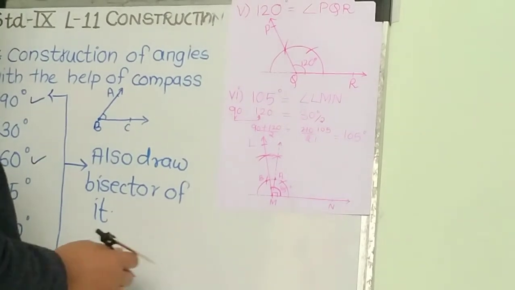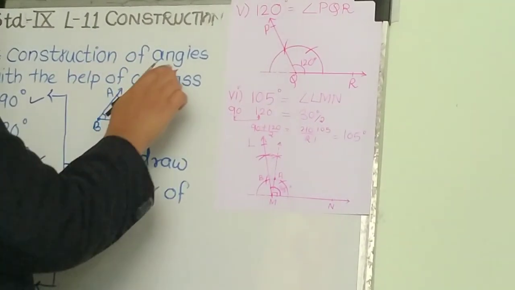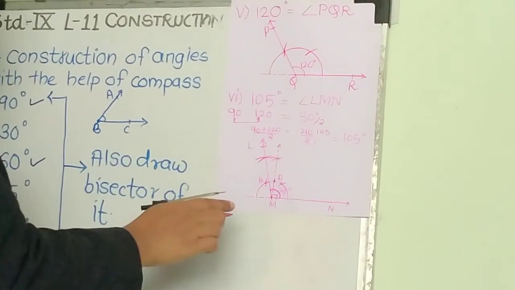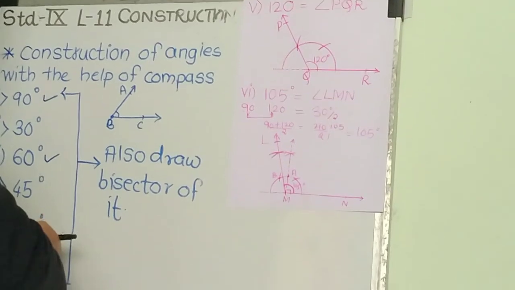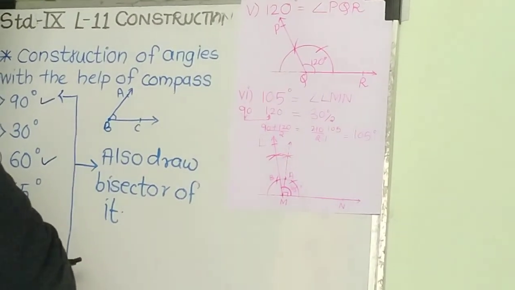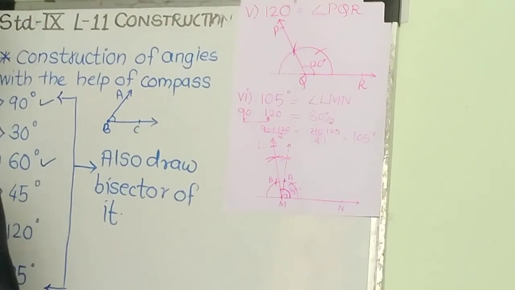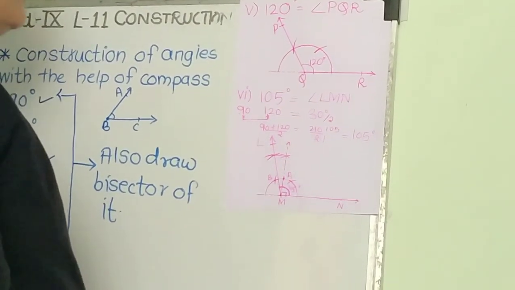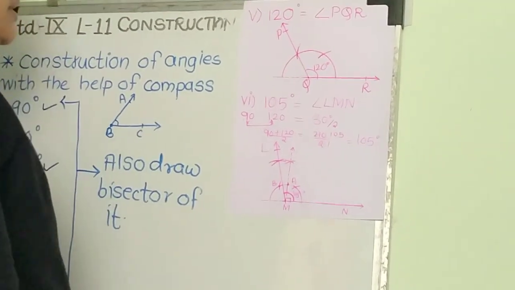First you draw these basic constructions plus constructions of the angles with the help of a compass. That is, we learned 90, 30, 60, 45, then 120 and 105. And after that you are going to continue exercise 11.1 as homework in your notebook.